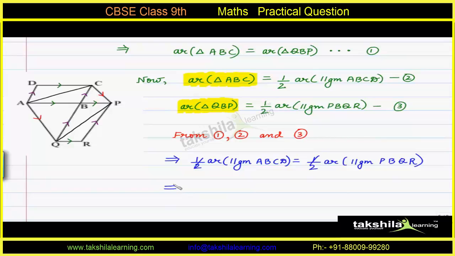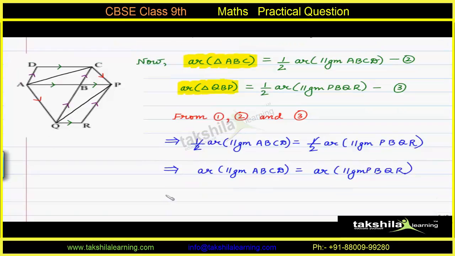So this will imply that area of parallelogram ABCD is equal to area of parallelogram PBQR, and this implies that area ABCD is equal to area PBQR.